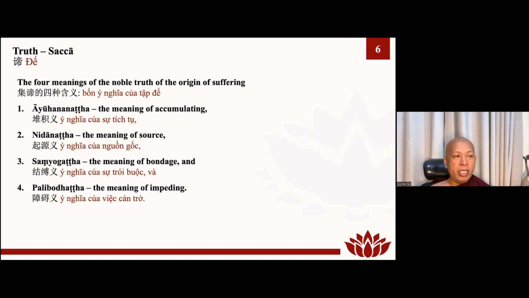Another one is nidanata, the meaning of the source. Actually, nidana can also be like the reason, the origin, which can also be considered as nidana.